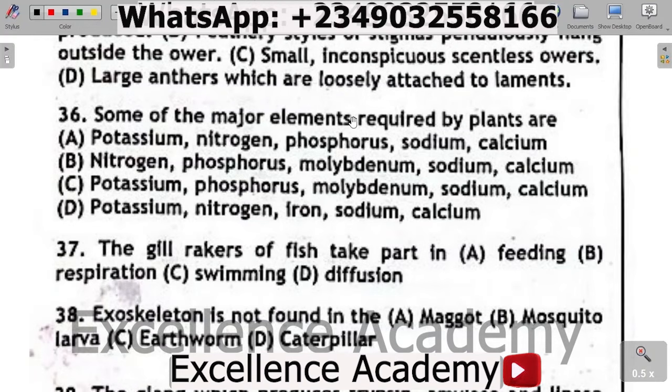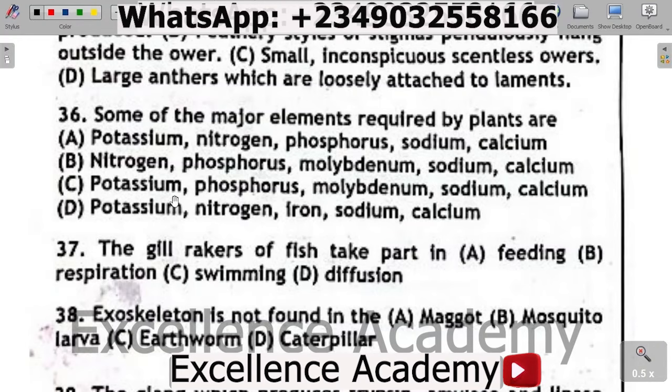Question 36. Some of the major elements required by plants are A. Potassium, nitrogen, phosphorus, sodium, calcium. B. Nitrogen, phosphorus, molybdenum, sodium, calcium. C. Potassium, phosphorus, molybdenum, sodium, calcium.